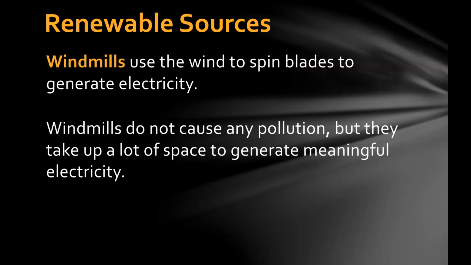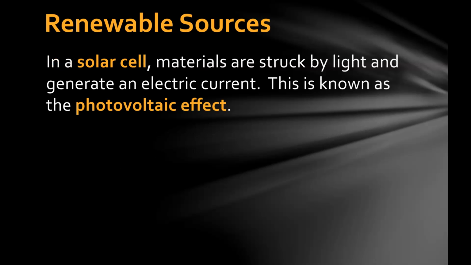They take up a lot of space, so a lot of land is being used, and even though they don't create pollution, they can have a negative impact on the surrounding ecosystems as well. They kill a lot of birds, for example.